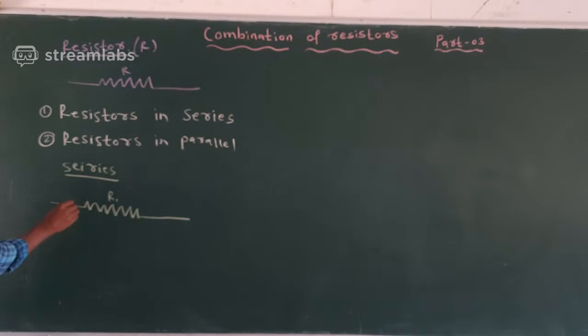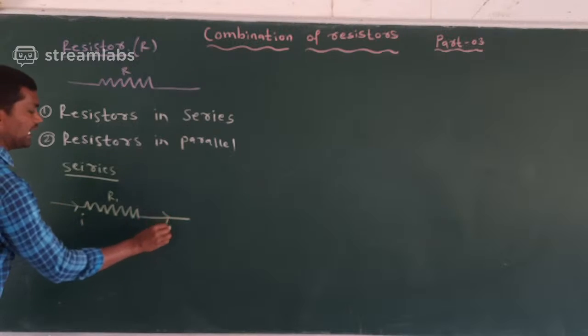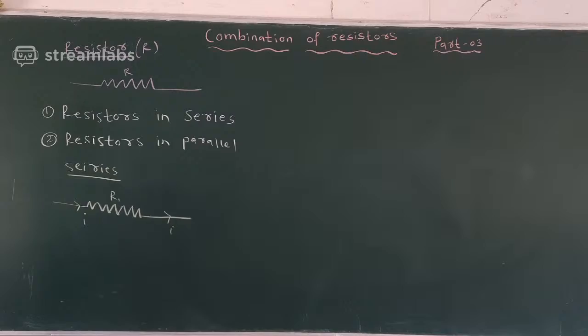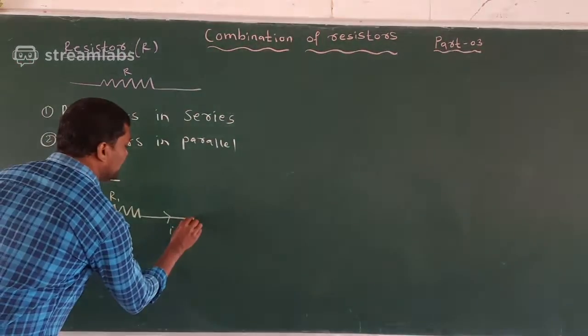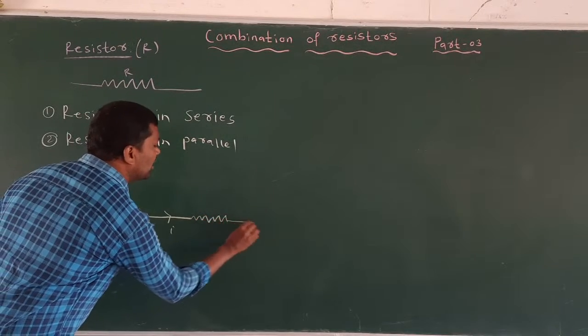The current passing through the R1 resistor is represented by I. This R1 resistor is connected with another resistor, which is called R2.